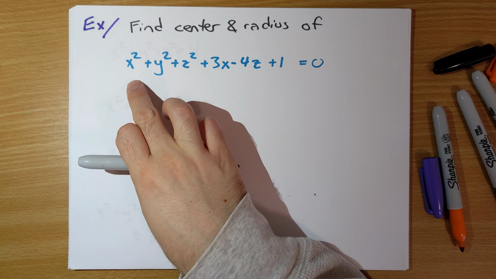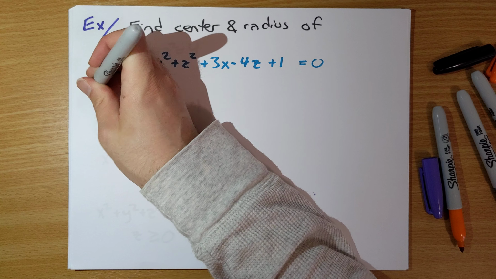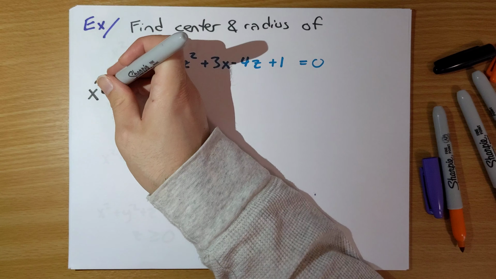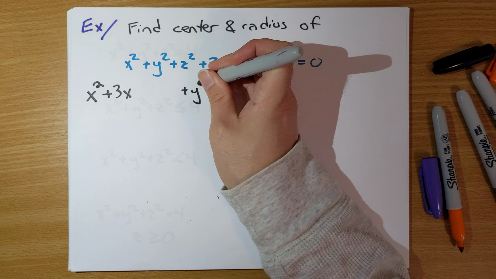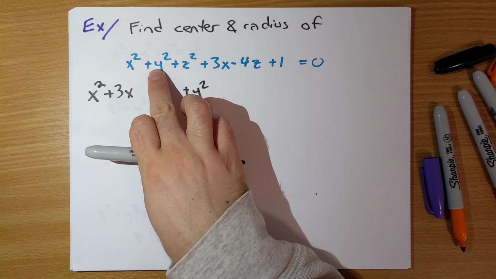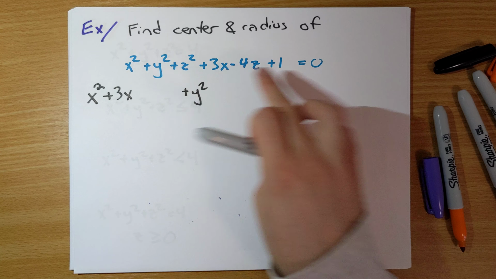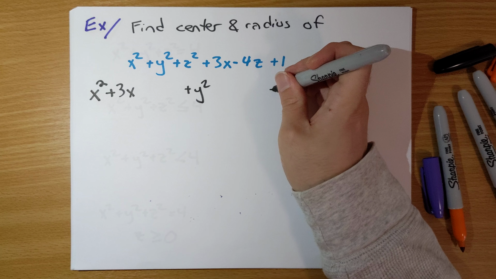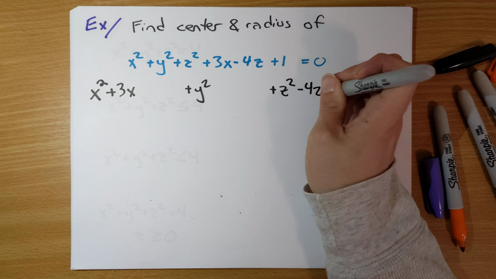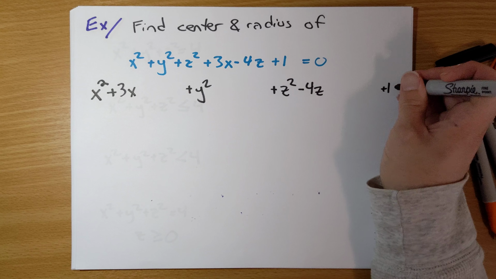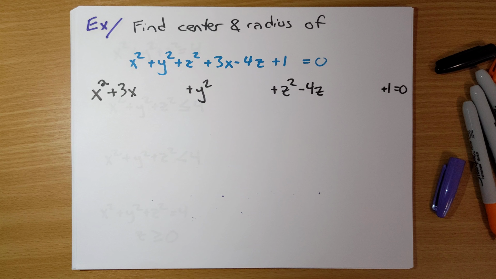So let's rearrange this. We put our x terms together, plus our y terms together. That's the only y term. Plus our z terms: z² − 4z + 1 = 0.